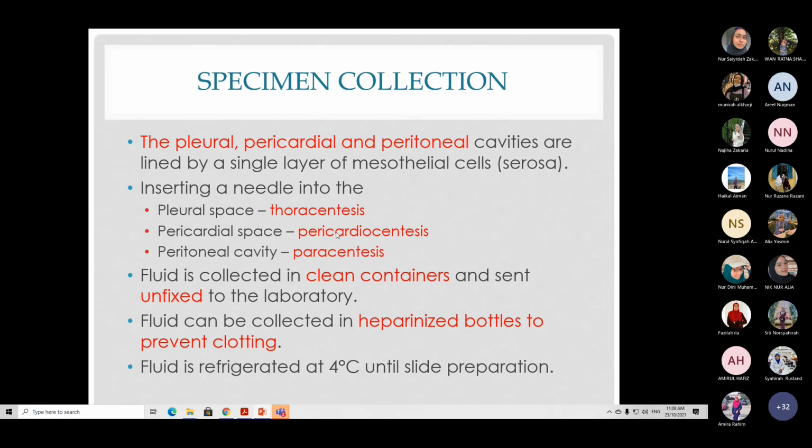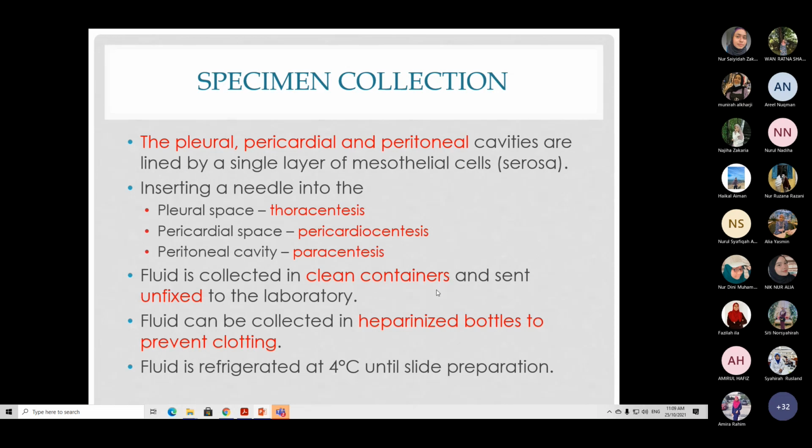So the fluid is collected from the cavity into a clean container and then directly sent unfixed to the laboratory. And the fluid from the three cavities can be collected in heparinized bottles to prevent clotting. And fluid also can be refrigerated at 4 degrees. If you can't do the slide preparation directly, you can refrigerate the fluid at 4 degrees.